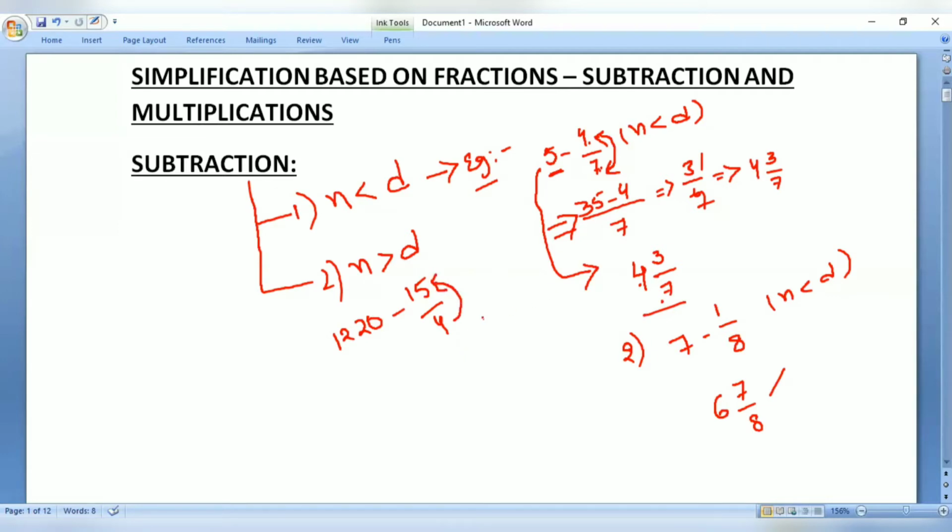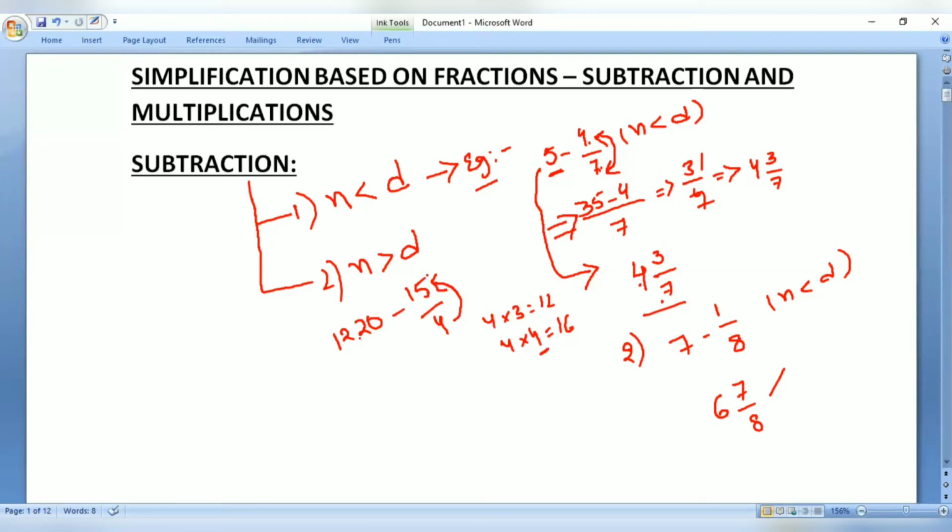We know that 4 into 3 is 12, but 15 is not sufficient. So let us take the next level. 4 into 4 is 16. So 16 we have identified, and 4 times it is being multiplied.